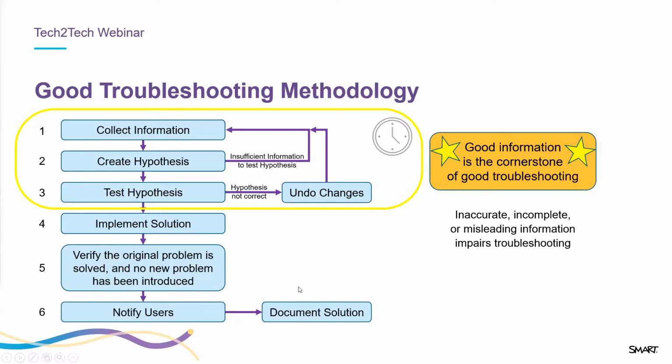So we're going to build upon that throughout the rest of this presentation. Good information is the cornerstone of good troubleshooting. So we're going to focus on how do you make sure that good information is both available and maintained throughout the troubleshooting process.